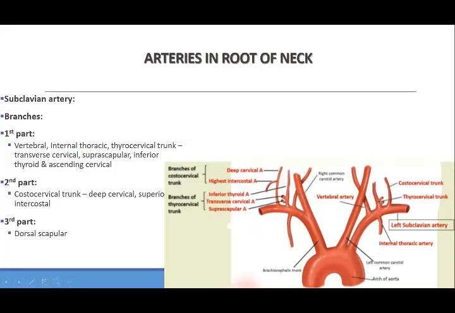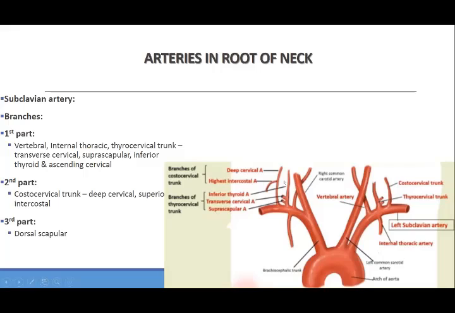Third part is called thyrocervical trunk. ठीक है. Thyrocervical trunk then gives 2 branches, suprascapular, transverse cervical. You've already done the suprascapular and transverse cervical. Then comes 2 terminal branches. The 2 terminal branches are inferior thyroid artery supplying the thyroid gland, हम in detail ये कर चुके हैं, and also the deep cervical.